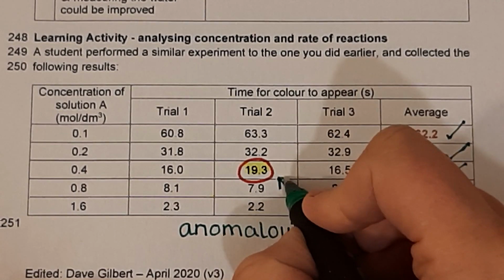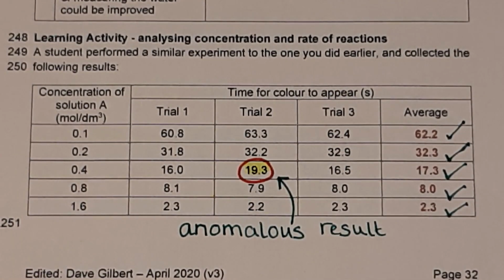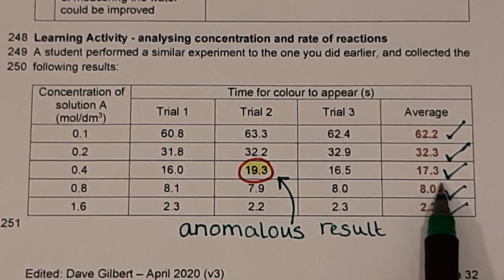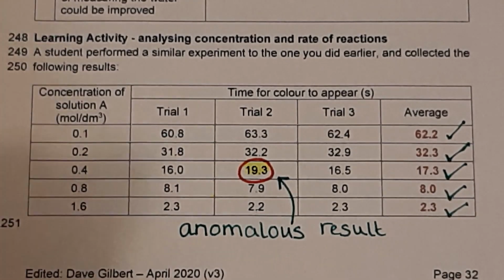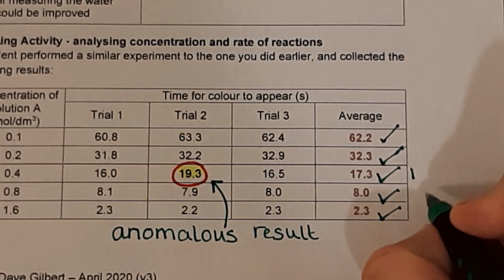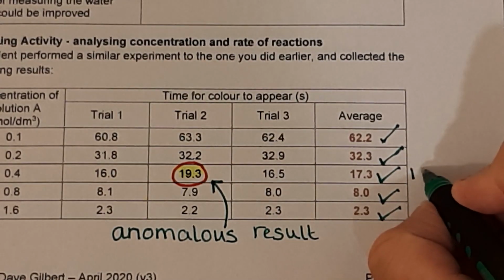Now, what do we do with anomalous results? Well, we disregard them. That means that we ignore them. If you've written 17.3, that's absolutely fine, and I've given you the mark for that. However, the best thing to have done would actually be to add up the 16 with 16.5, ignoring 19.3, and then divide by 2, because you only use the 2 values, which would give you 16.25, which we round to 16.3.